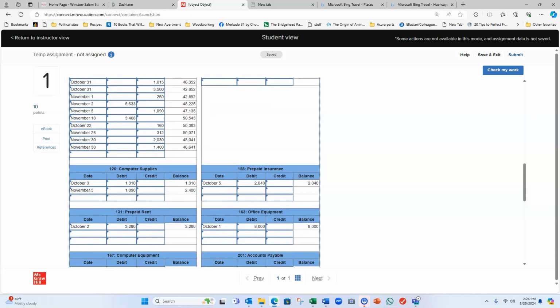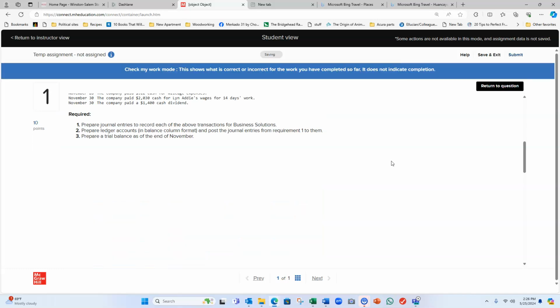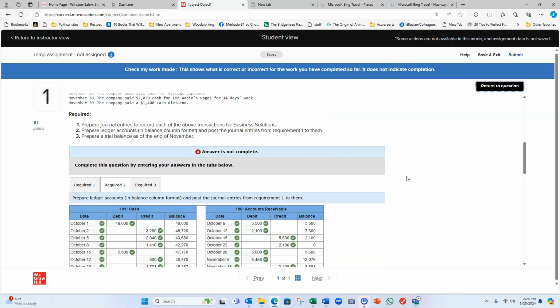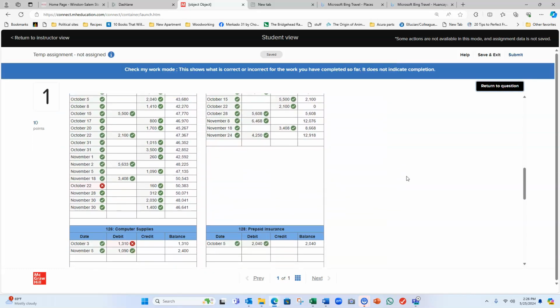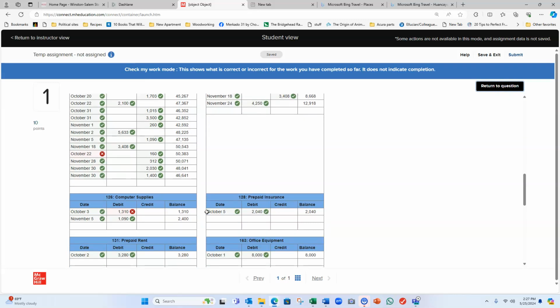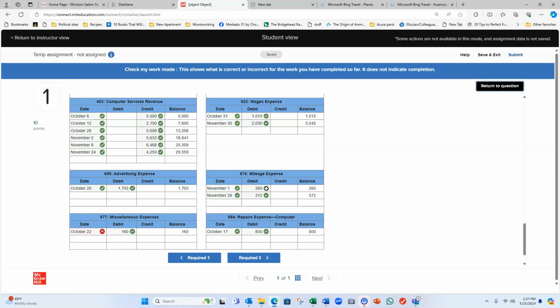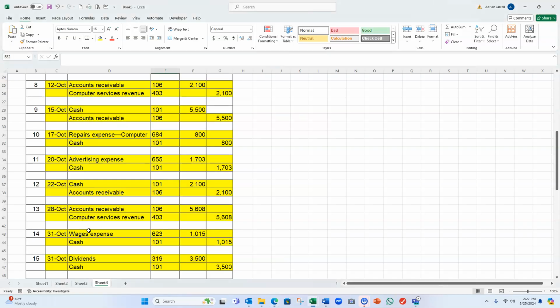Okay. Let's just check my work and see where all my mistakes are. Okay, I've got something, this October the 22nd was not right. So I'm just going to go down. That was mileage expense, I think. No, miscellaneous expense, not on the 22nd.